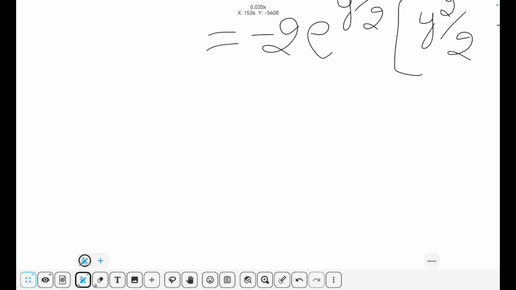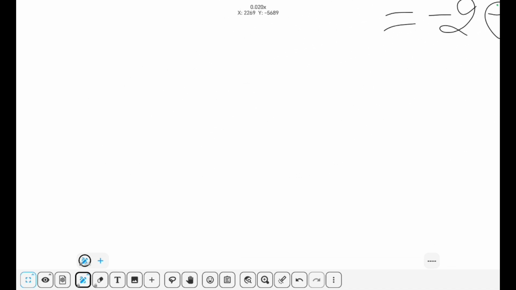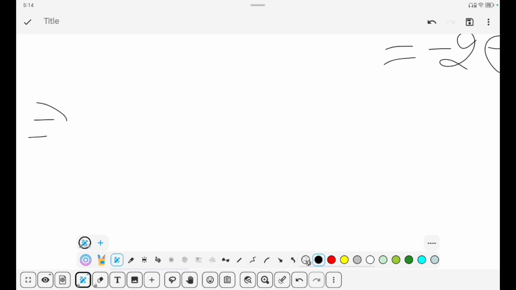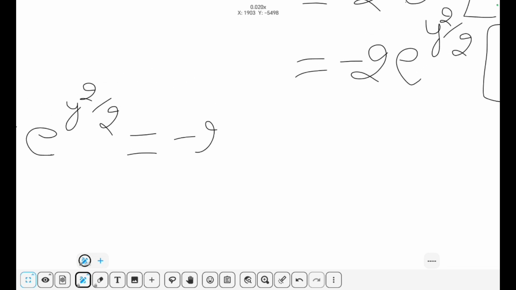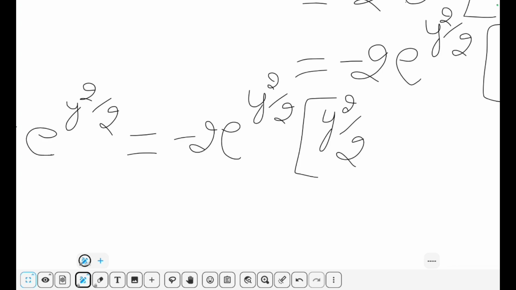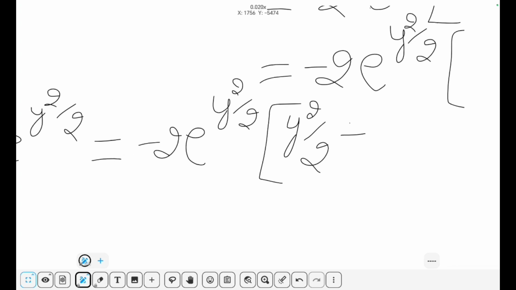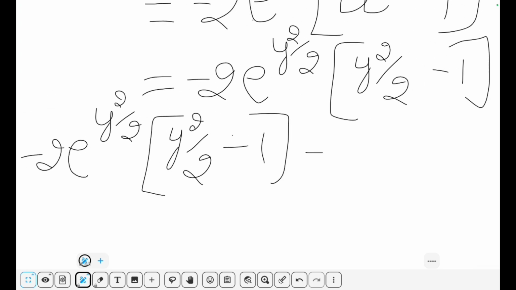So the final answer would be t into e^(y²/2) equals minus 2 e^(y²/2) into (y²/2 minus 1) plus c.